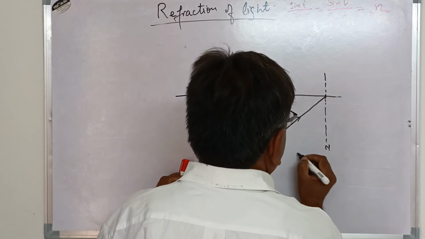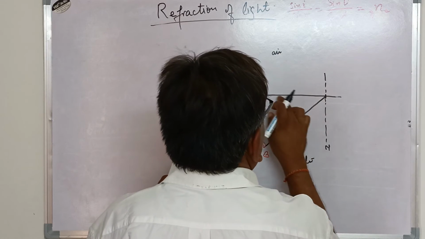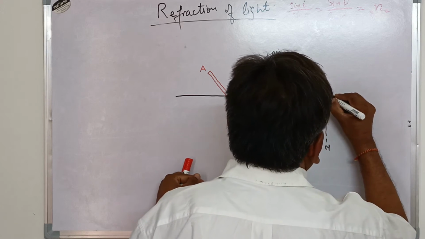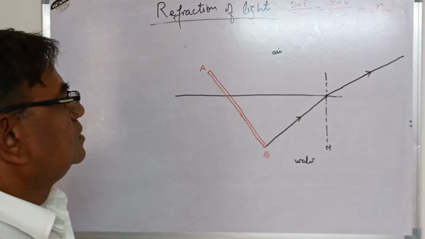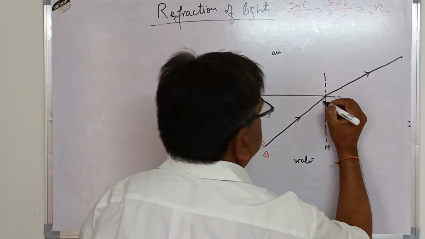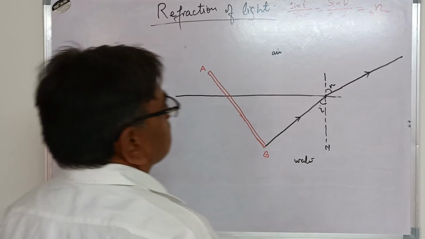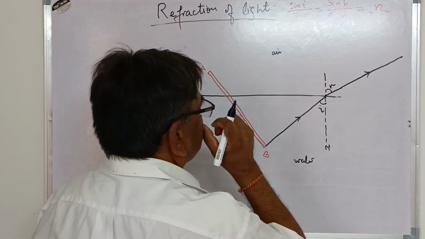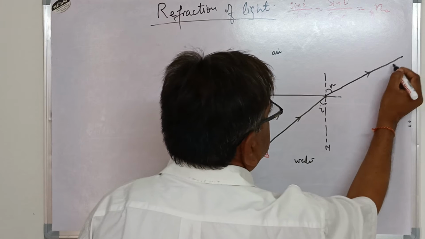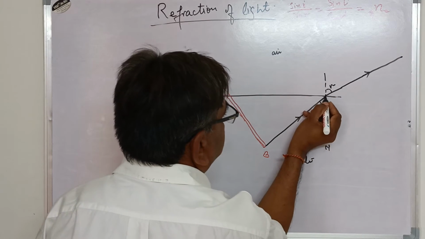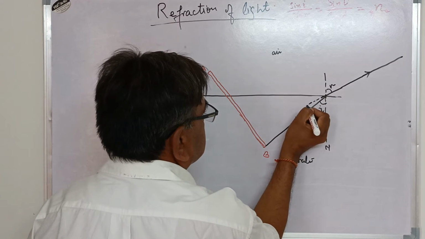This is water and this is air. This is the boundary, so it bends away from the normal. This is the angle i, this is the angle r. Now if you see this ray, it seems to be coming from in the water, along this line.